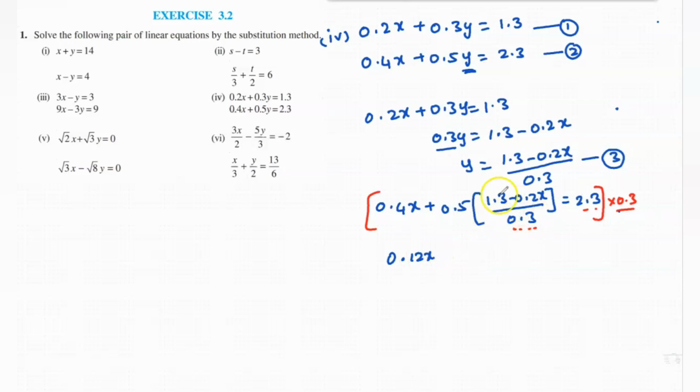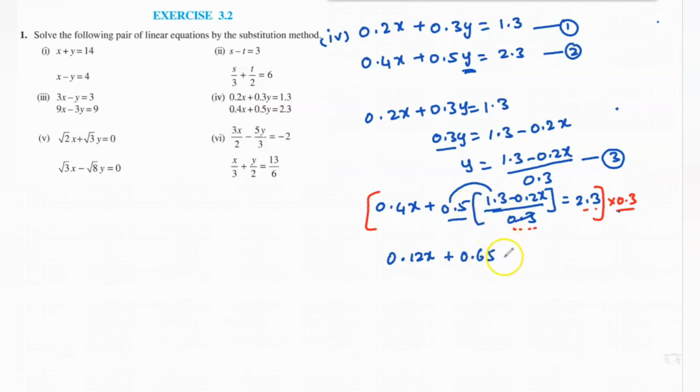And here if I multiply the whole second term by 0.3, the 0.3 will cancel. For that reason only we are multiplying with 0.3. So this 0.3 will be cancelled with the 0.3 and you are left with only the numerator. 0.5 into 1.3 gives you 0.65. 5 into 13 is 65.